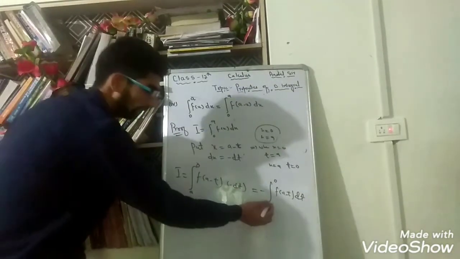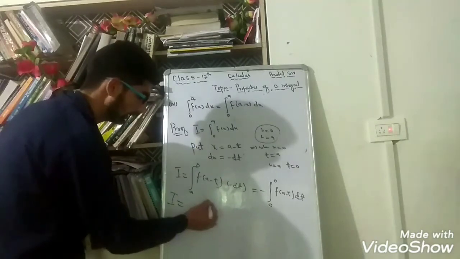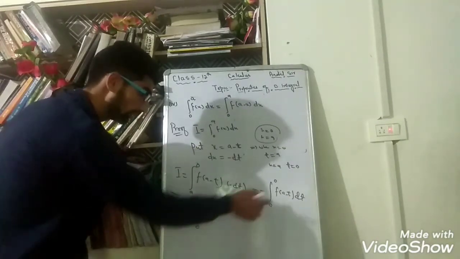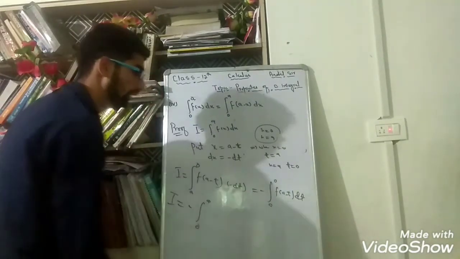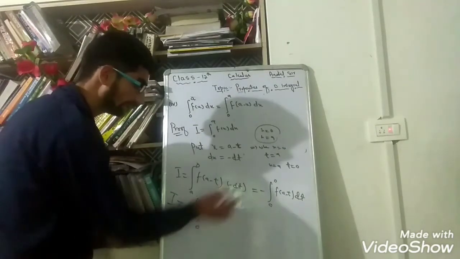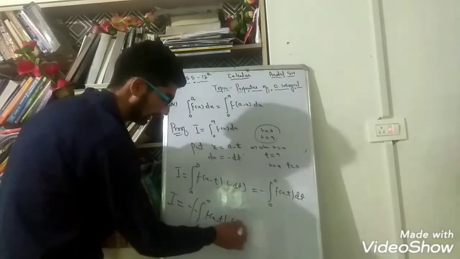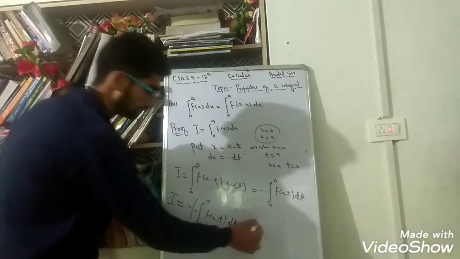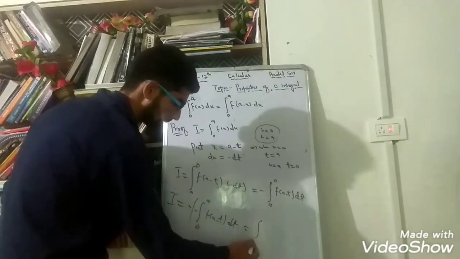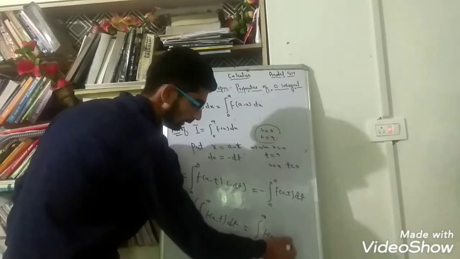So we take a as the upper limit, so it will be 0 to a. We have a minus here, but changing the limits gives another minus, so it will be minus times minus, plus the integral from 0 to a of f of a minus t dt.